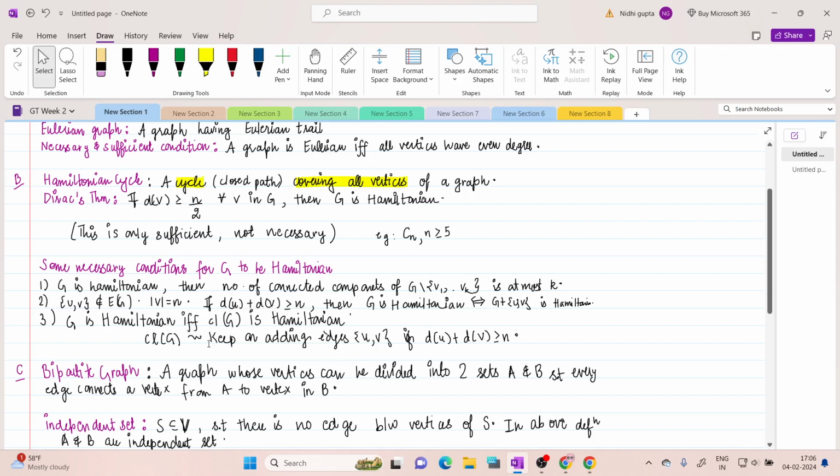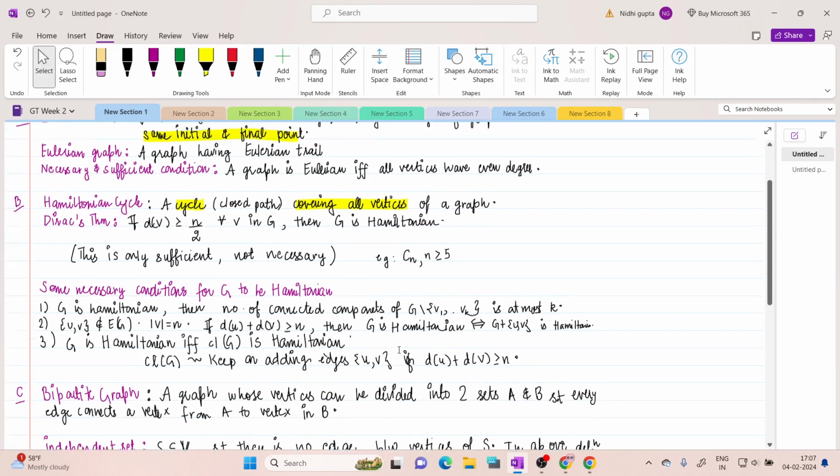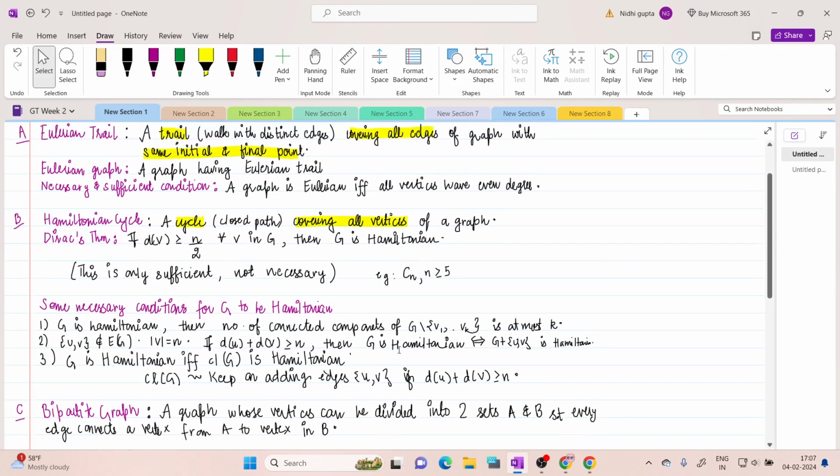By closure of the graph we mean we keep on adding edges uv for any two vertices satisfying the condition that du plus dv is greater than or equal to n.